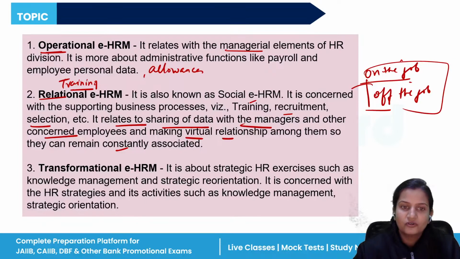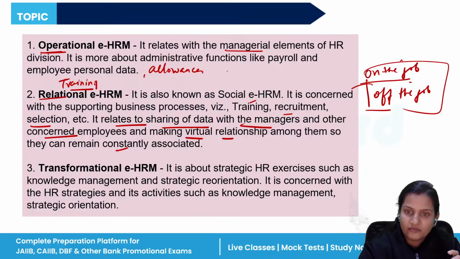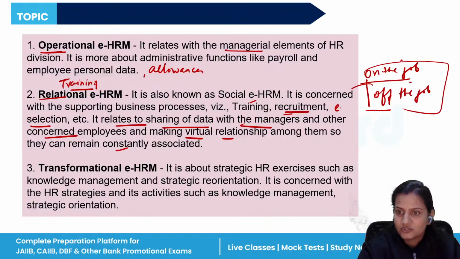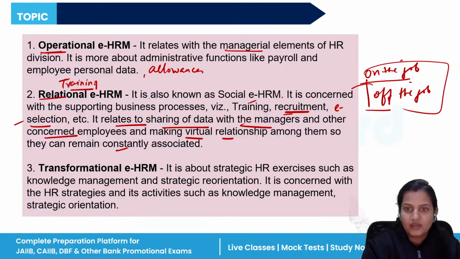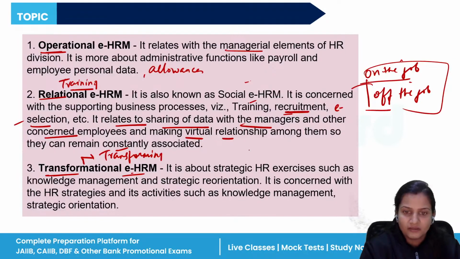So we have to use technology everywhere, in training purposes. If you are recruiting candidates, then you also need proper information of e-learning, that is EHRM, in selecting. Everywhere it is important. And transformational EHRM means transforming from one category to another category.